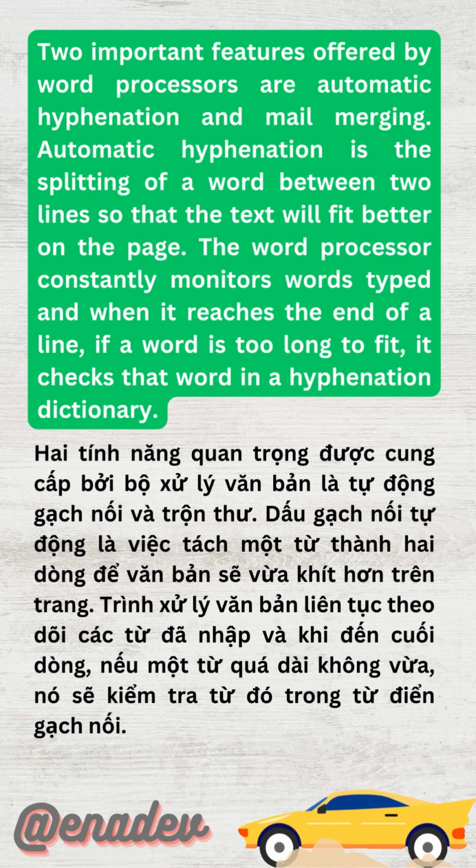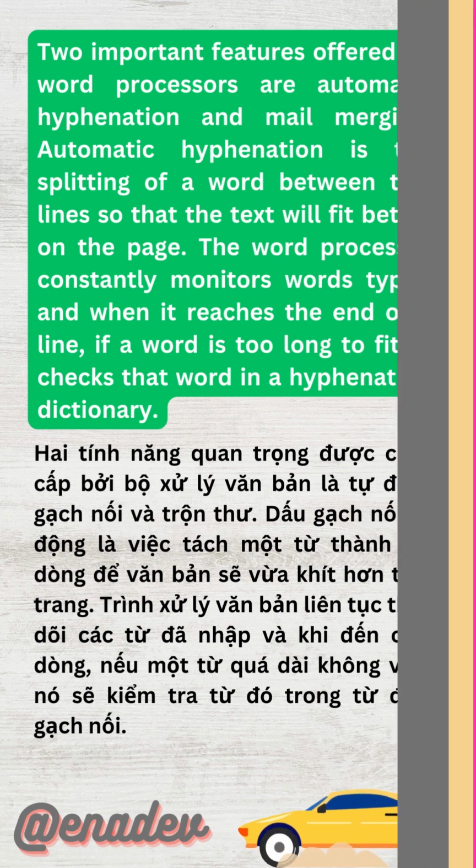Automatic hyphenation is the splitting of a word between two lines so that the text will fit better on the page. The word processor constantly monitors words typed, and when it reaches the end of a line, if a word is too long to fit, it checks that word in a hyphenation dictionary.